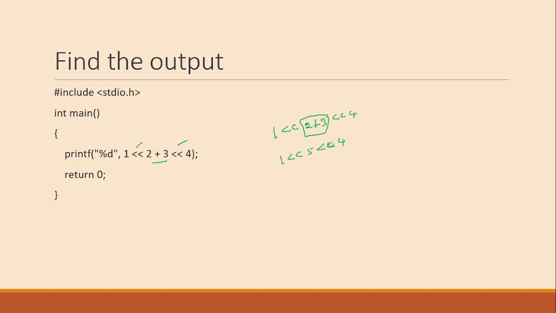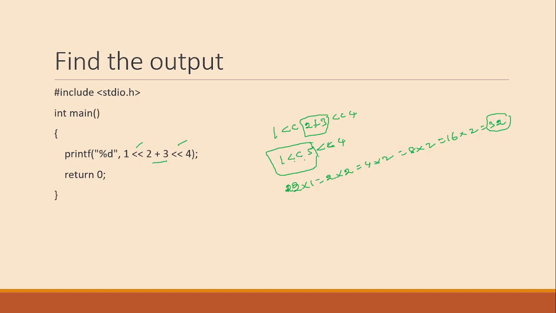This is the left shift operator, and it is evaluated from left to right. First 2 into 1 is 2, then 2 into 2 is 4, then 4 into 2 is 8, then 8 into 2 is 16, and 16 into 2 is 32.